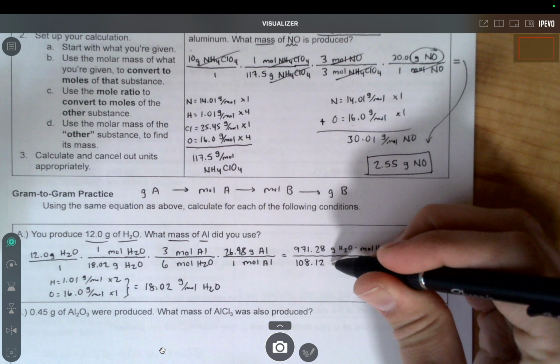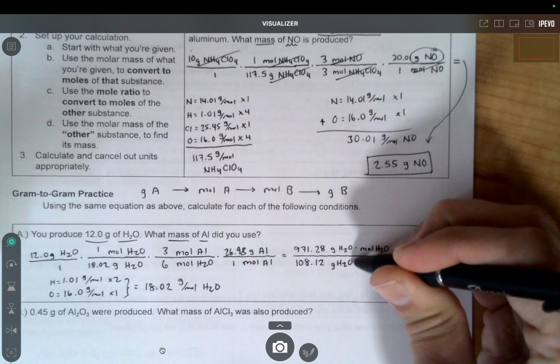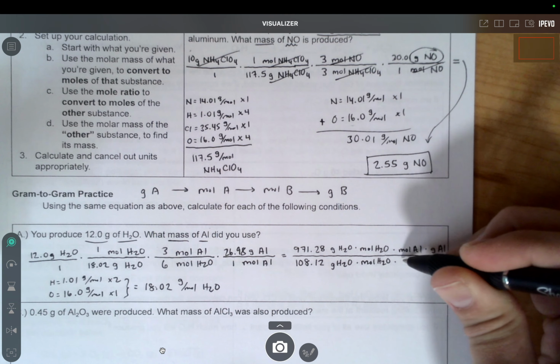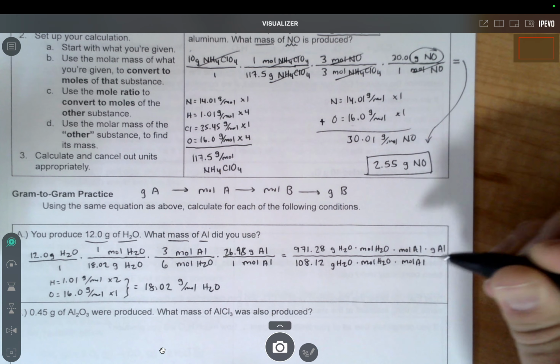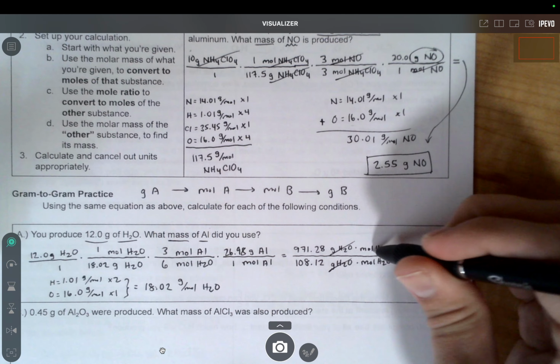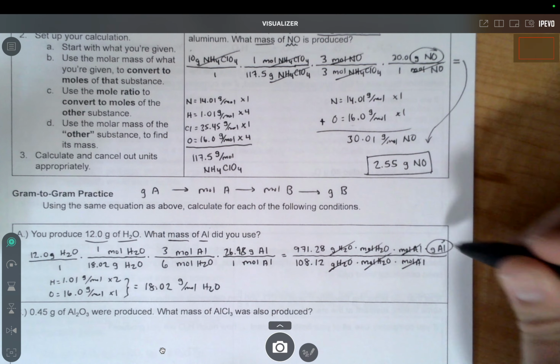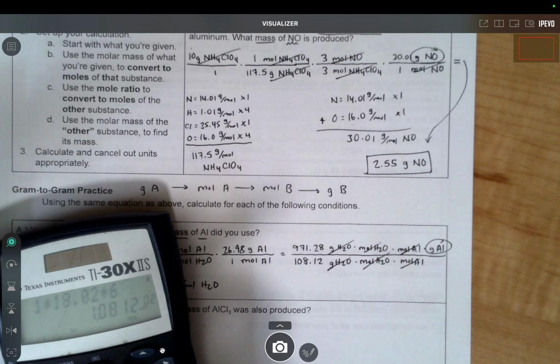In the denominator, grams of H2O times moles of H2O times moles of aluminum. We can simplify, simplify, simplify. You got it, simplify. Leaving us with the units that we are looking for.